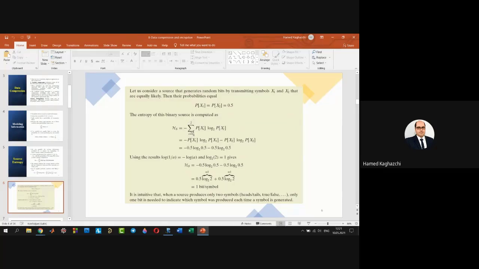It means that the sum for i equal to 1 up to 2 gives minus P(x1) log 2 P(x1) minus P(x2) log 2 P(x2).